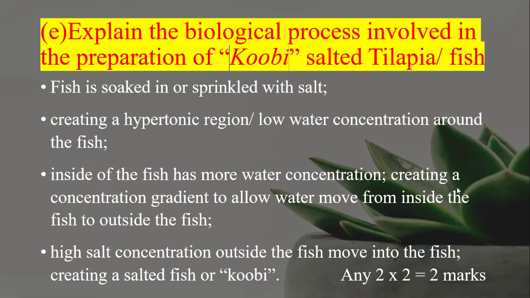And a salty situation, a high concentration of ions, makes it unfavorable for microorganisms to grow within the fish and spoil it, such as fungi and so on. So any two, and this is diffusion, because that one involves ions. So we have both osmosis and diffusion being applied here as the biological processes. So any two will give you 2 marks.